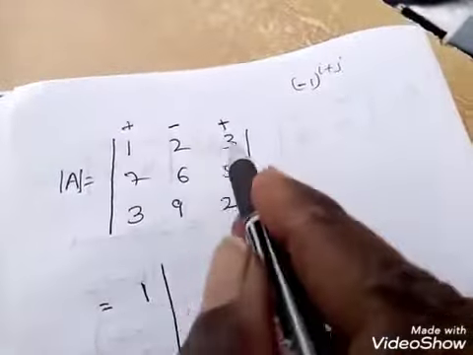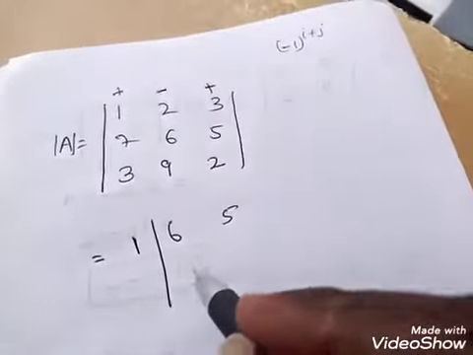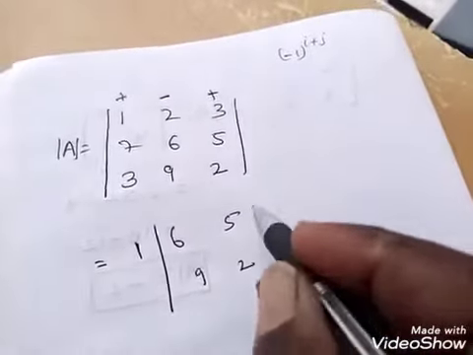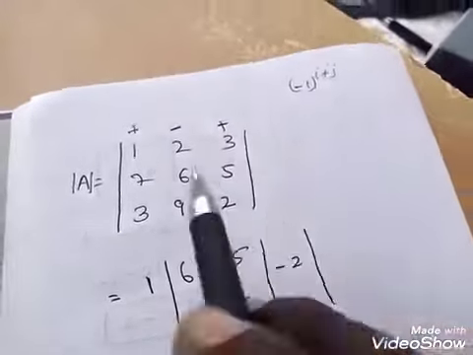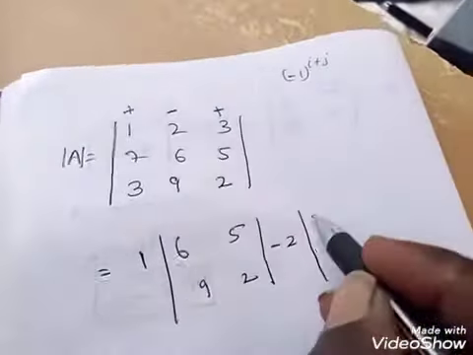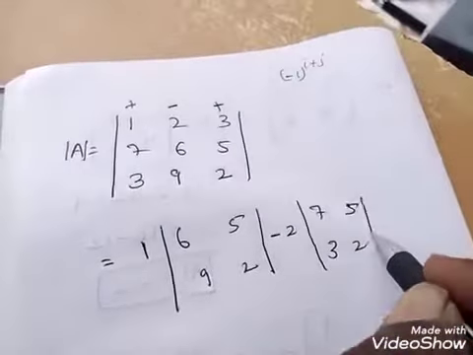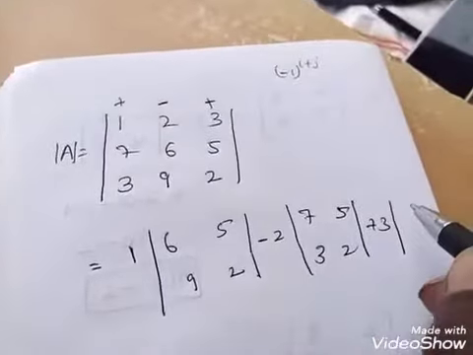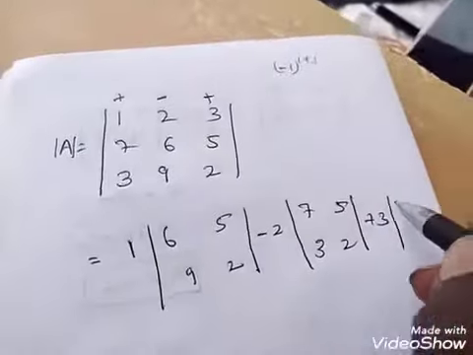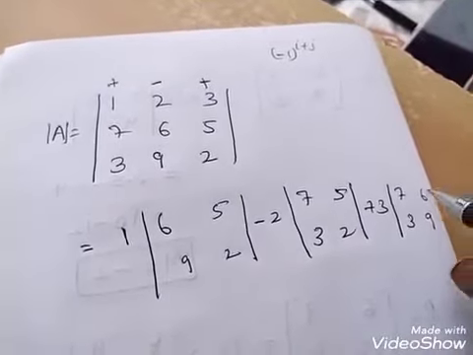Now observe, I am taking 1 into, removing that row and column, you are going to get [6, 5; 9, 2]. And minus 2 into, remove that row and column, you get [7, 5; 3, 2]. Again plus 3 into, remove that row and column, you get [7, 6; 3, 9].